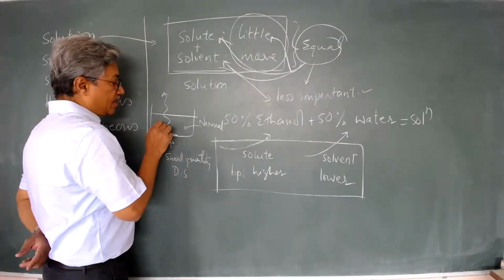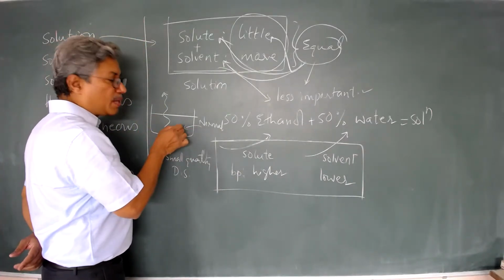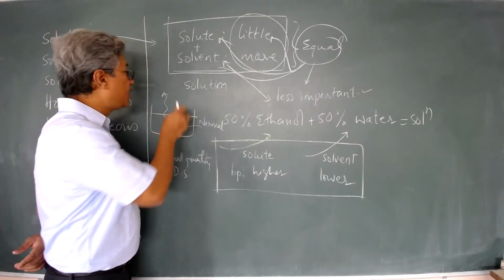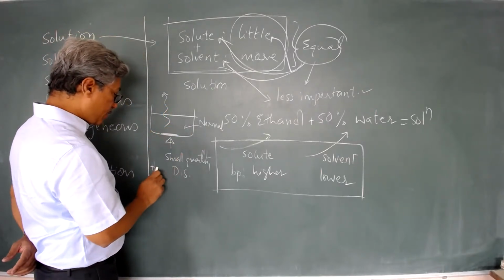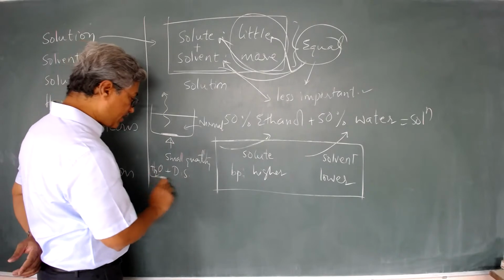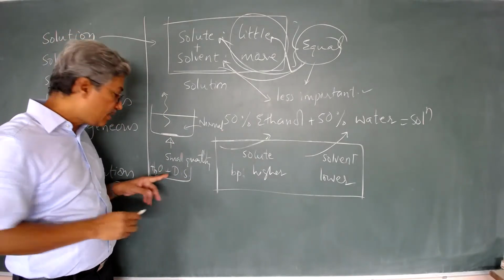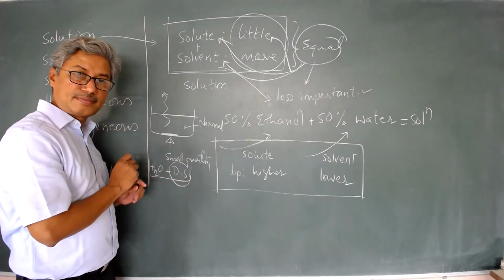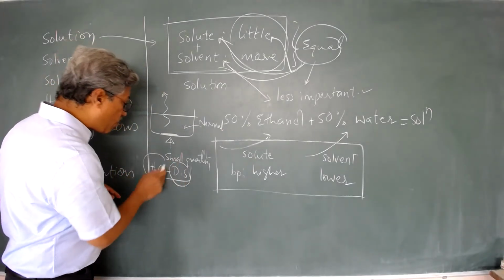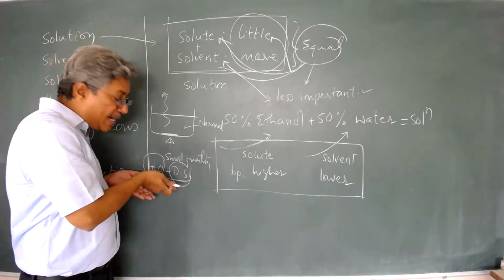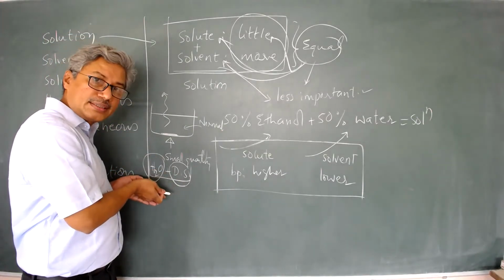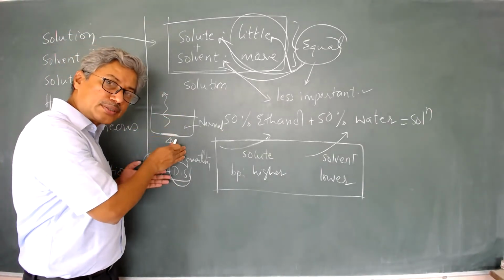See, students, before boiling, this normal water has two substances: water and the dissolved salt. Which is solute here? Dissolved salts are solute. Solvent is water. Now, upon heating this solution, what do we notice? Water is evaporating, dissolved salt is remaining.